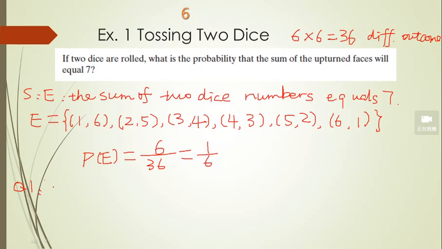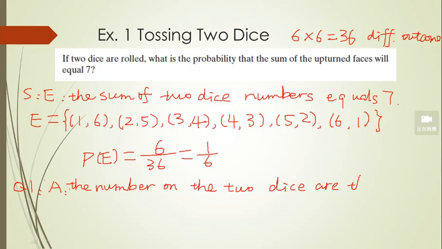Question 1: I'm going to define event A as the numbers on the two dice are the same. What is the probability of event A? That is the first question, P(A).